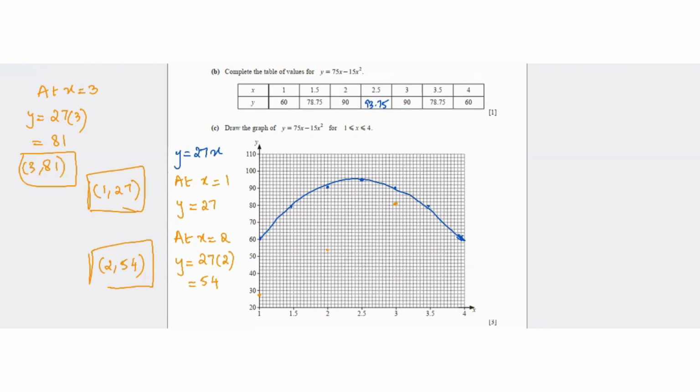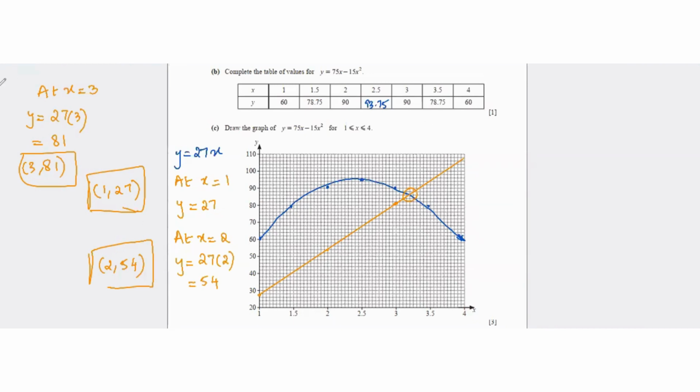So if we draw the line passing through these, this is what we have. So the point where the volume is the same is basically this point over here.